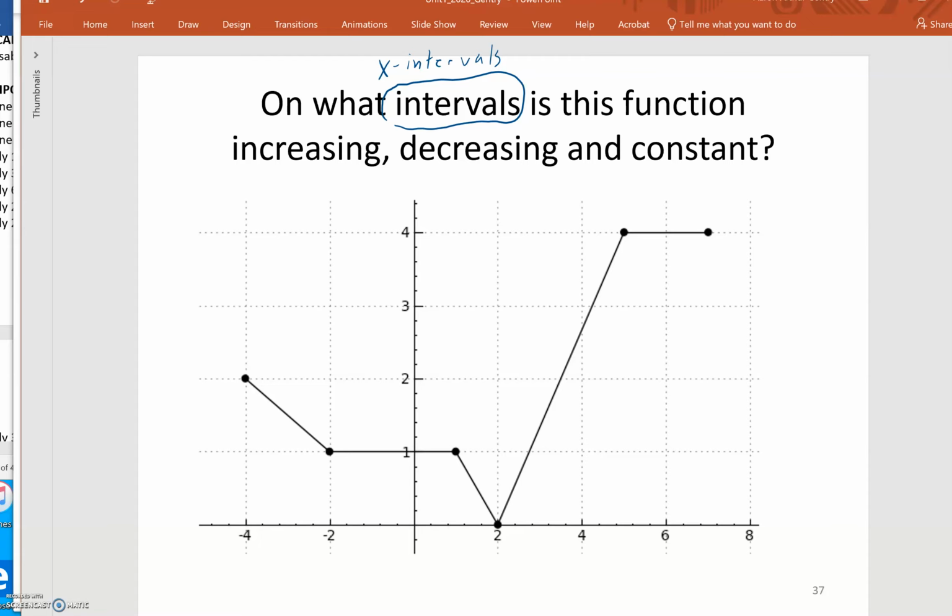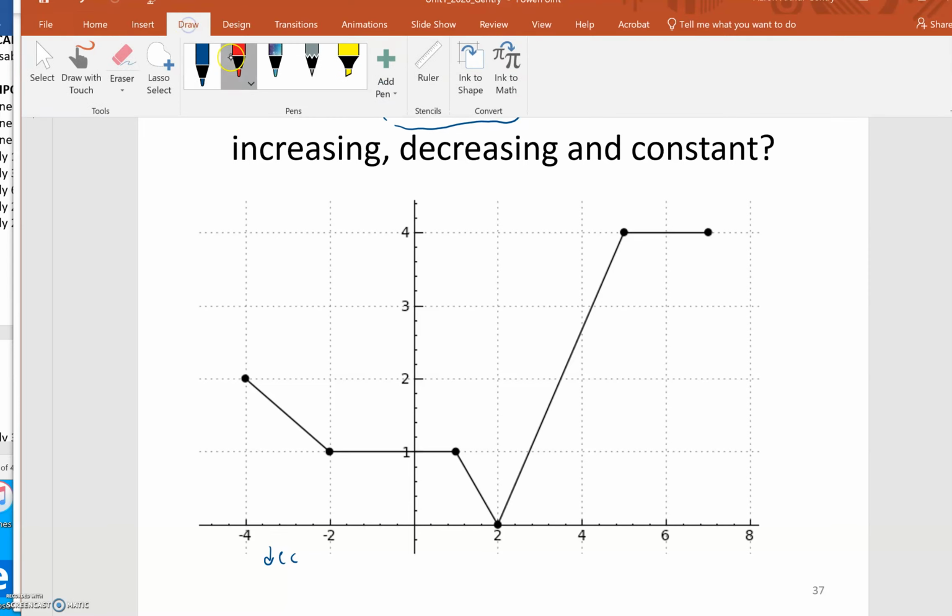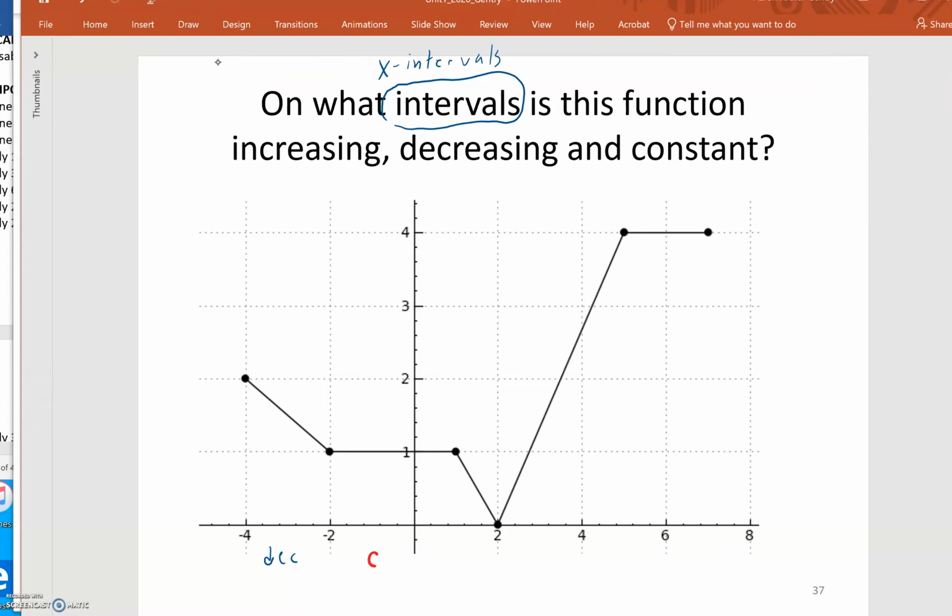So it's easy enough to see just from the picture where it's increasing, decreasing, and constant, but you've got to make sure that you write it correctly. So let's go through here and just label this. Here we are decreasing, and that's the only portion. Here we are constant. Oh, and I just realized that I missed the decreasing, so I'll fix that in just a second.